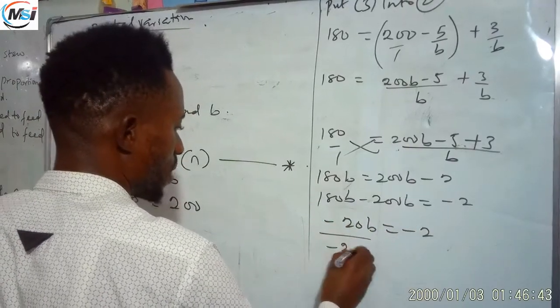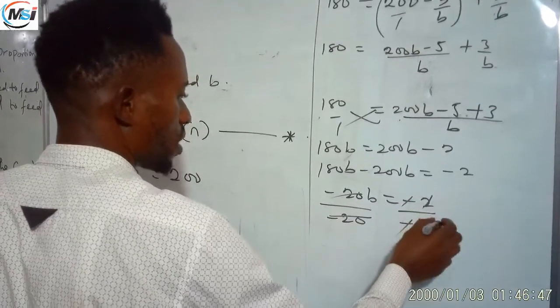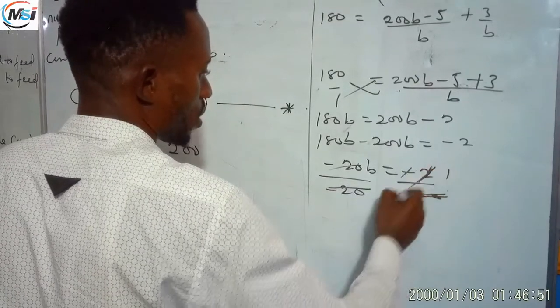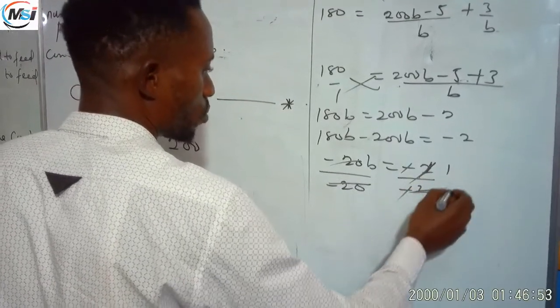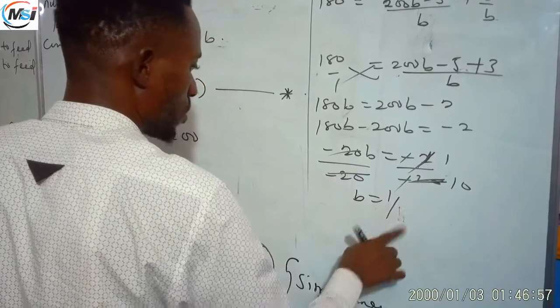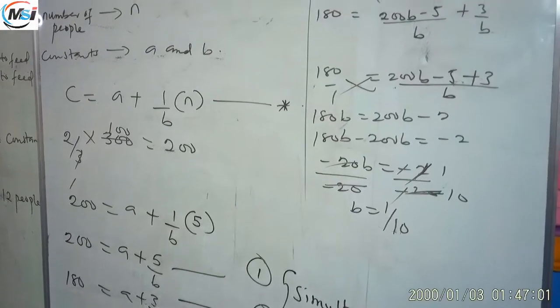Divide both sides by minus 20. Then minus cancels minus. 2 into 20, 10. So B is equal to 1 over 10. So the value of B is 1 over 10.